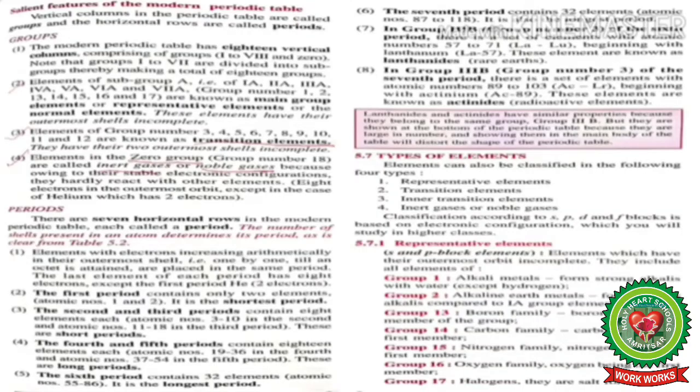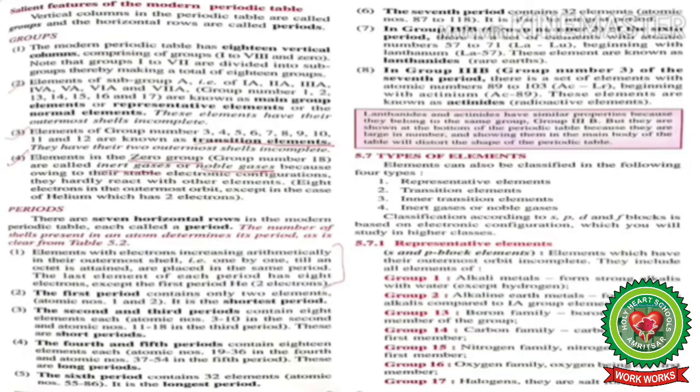Firstly, elements with electrons increasing arithmetically in their outermost shell, that is one by one, till an octet is attained, are placed in the same period. The last element of each period has 8 electrons, except the first period, helium, which has 2 electrons. We have already discussed it with examples.